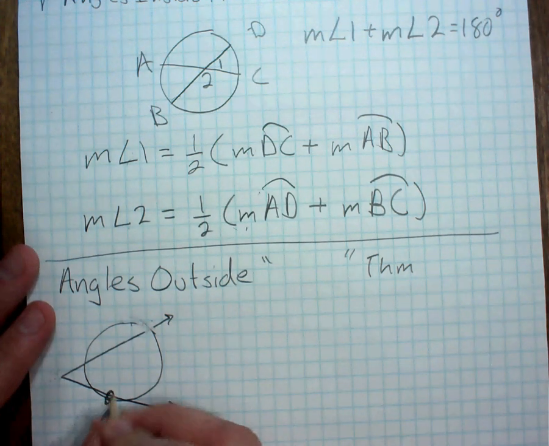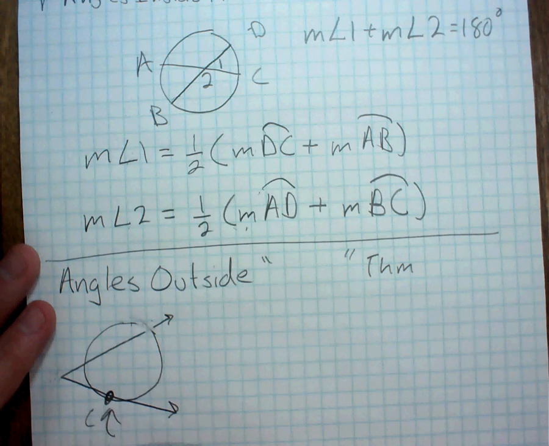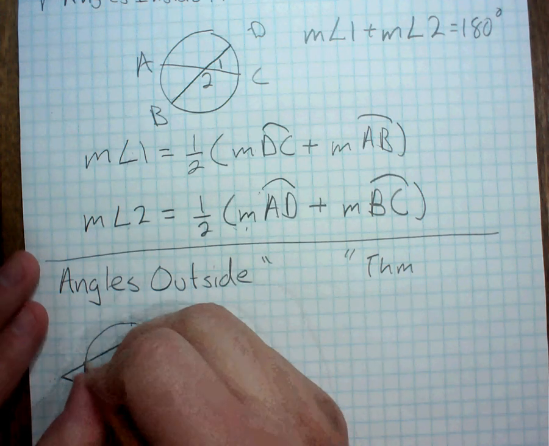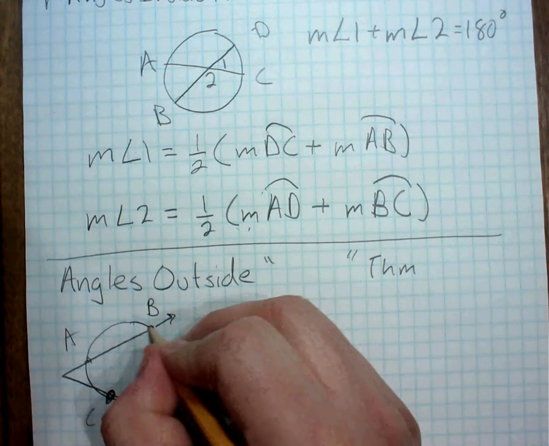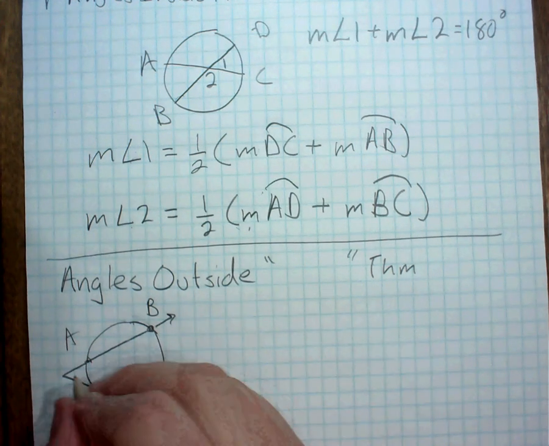So this is a point of tangency, this is C. Okay. And so we'll label this point here A, this point here B, and then we'll call this the measure of angle 1.